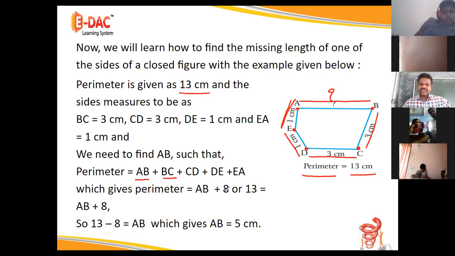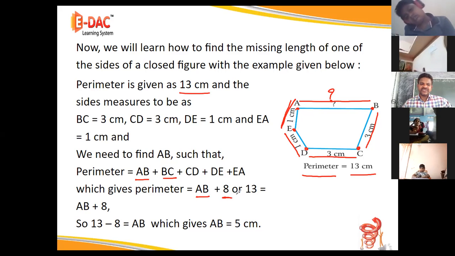AB you don't know, plus BC, CD 6, DE 7 and EA 8 centimeters. So AB plus 8 centimeters equals 13 centimeters.